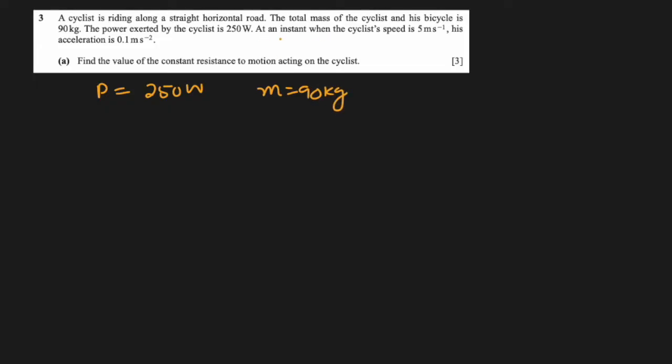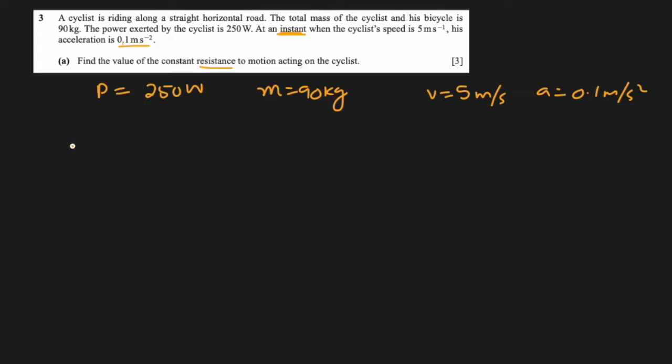At an instant, meaning at one particular time, when the cyclist's speed is 5 meters per second, his acceleration is 0.1 meters per second square. So let's say v is 5 meters per second, acceleration is 0.1 meters per second square. Find the value of constant resistance to the motion acting on the cyclist.